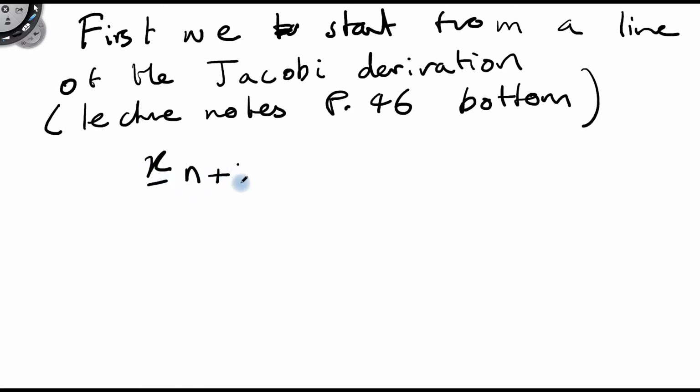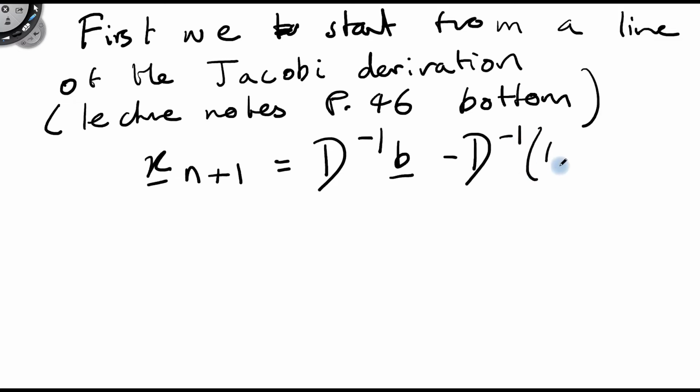x of n plus 1 equals D inverse times b minus D inverse (L plus U) x of n. So this is Jacobi at the moment. We haven't got the Gauss-Seidel yet. That's what we did last time, okay?